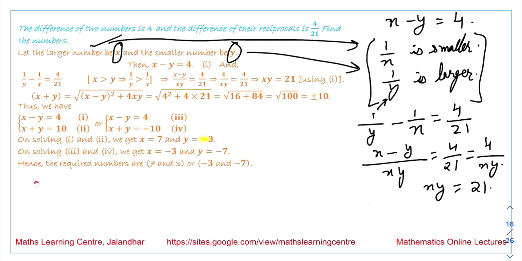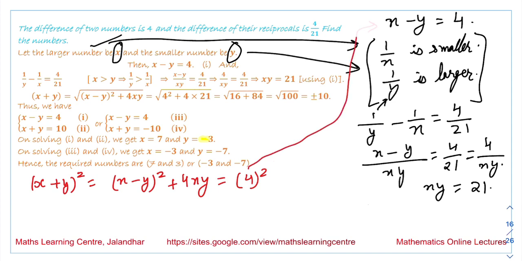Now x plus y whole square is equal to x minus y whole square plus 4xy, that is equal to 4 square plus 4 times 21.